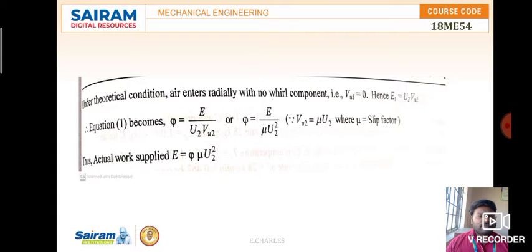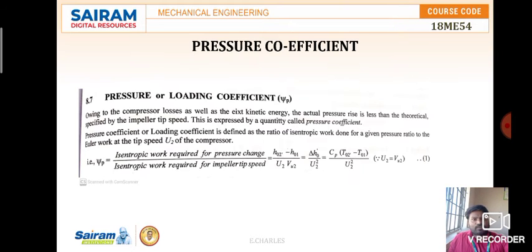If air enters radially or axially with no whirl component in the theoretical condition, then VU1 will become 0. Then the theoretical work is U2 VU2. Then equation 1 becomes phi is equal to E by U2 VU2, or phi is equal to E by mu U2 square, where VU2 is equal to mu U2, and mu is the slip factor. Thus the actual work supplied E is equal to phi mu U2 square.